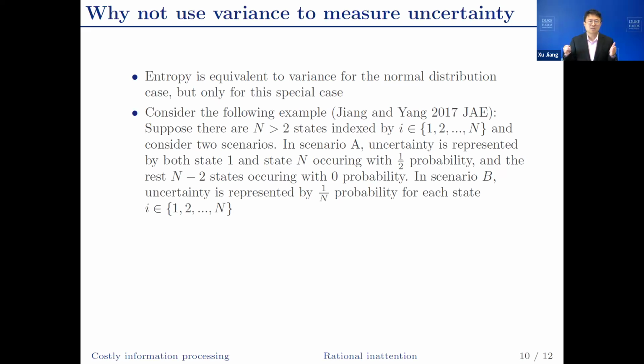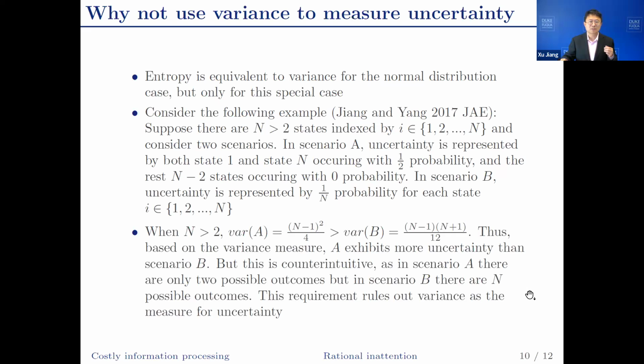In the second scenario, uncertainty is represented by each state having a 1/n probability of occurring. And we can check that when n is bigger than 2, the variance of scenario A is bigger than the variance of scenario B. So based on the variance measure, scenario A exhibits more uncertainty.